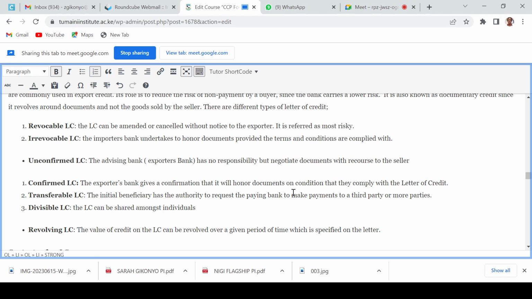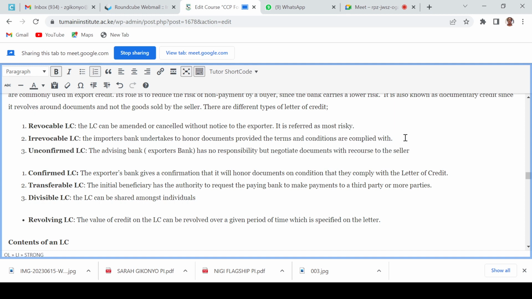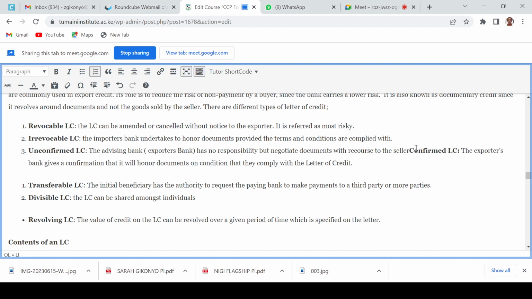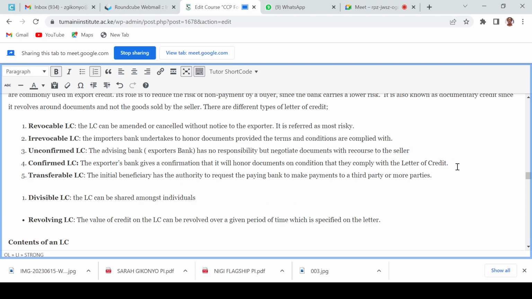Then kuna hiyo ingine tunaita unconfirmed letter of credit. What does it mean? It means the advising bank, that is the exporter's bank, has no responsibility but to negotiate documents with recourse to the seller. So itabidi waende kwa huyo seller, confirm if there are any changes that are to be made.